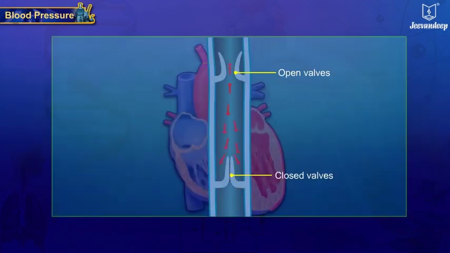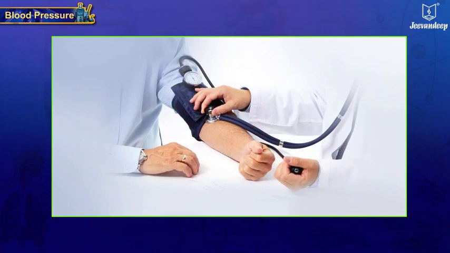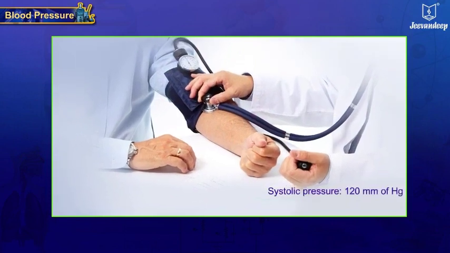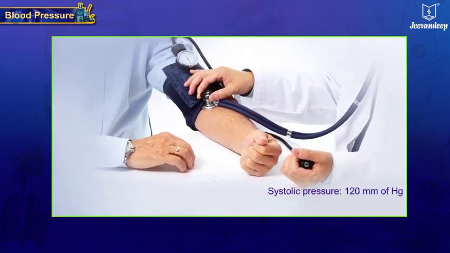Hence, the veins possess valves to prevent backflow of blood. The normal systolic pressure is 120 mm of mercury, and normal diastolic pressure is 80 mm of mercury.